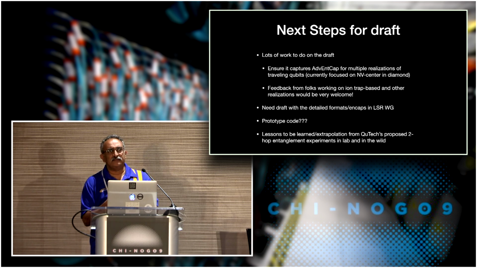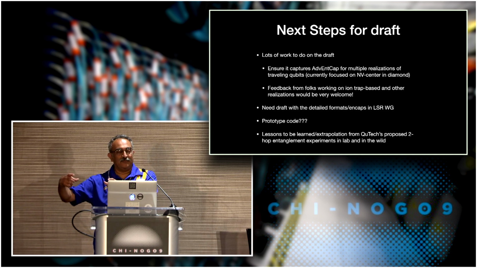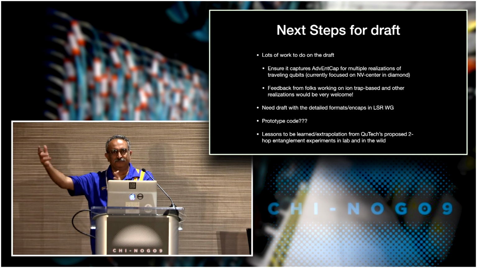The other thing, talking to the people at QTech, they focused on a particular realization of quantum entanglement. It's called nitrogen vacancy center in diamonds. I'm getting way out of my depth, but you have a diamond crystal, and you replace 2 carbon atoms with a nitrogen and I think a proton.